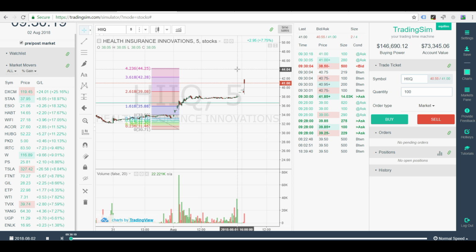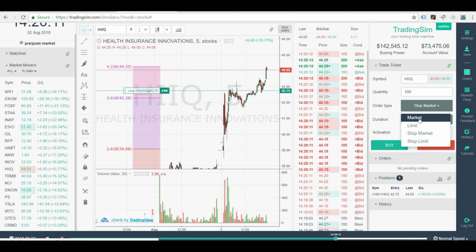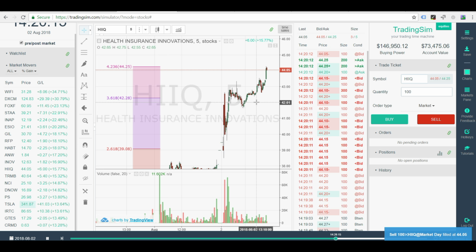Now look, 44.25. We are at here, 44.30 as a high on this candle. So what do you think I'm going to do here? That's right. I'm out of this. That's it. That's it. This is how you use the levels.